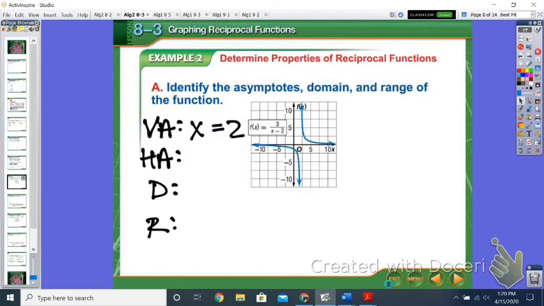Horizontal asymptote. I want to explain the logic behind it, and then I'll show you the easy way to do it. So again, if I look at our equation, we know that f of x is basically equal to y, and our horizontal asymptote is always going to be y equals, just like our vertical asymptote is always going to be x equals.